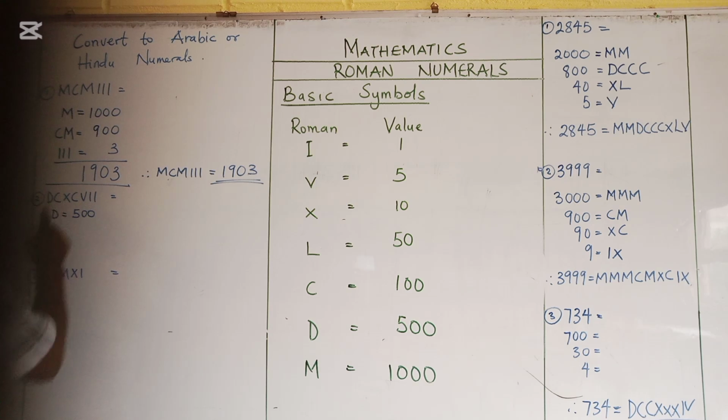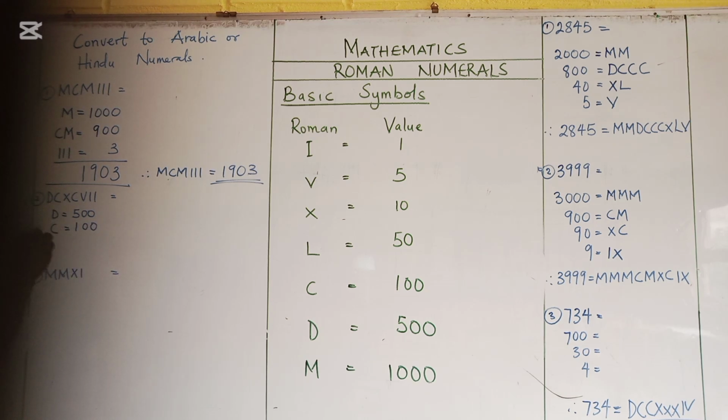Now take your C. We took D first, then now we take C. Now check the next number. It is X. So C is bigger than X, so we are going to leave our C alone, and C is 100.